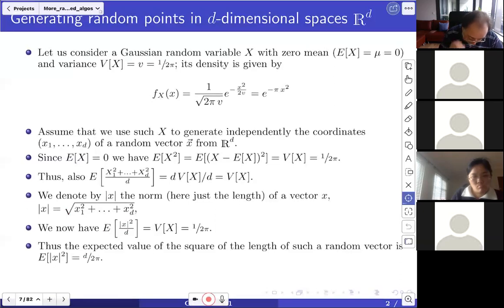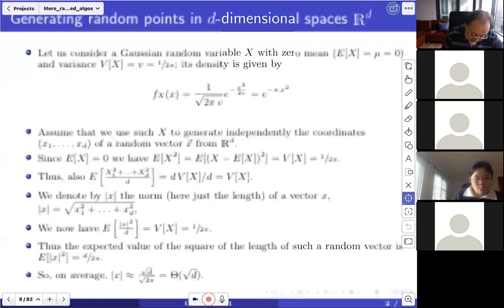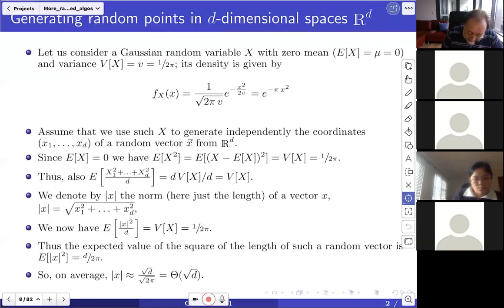This means the expected value of the length of x squared is d over 2 pi, which means that on average, the length of your vector x is square root of d divided by square root of 2 pi. So if you totally randomly generate your vector, all these vectors will be approximately of the same length, and their length will be the square root of the dimensionality.